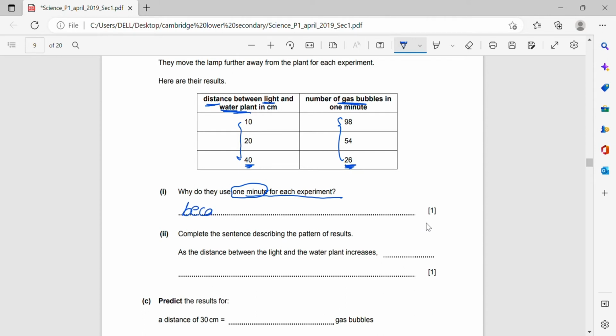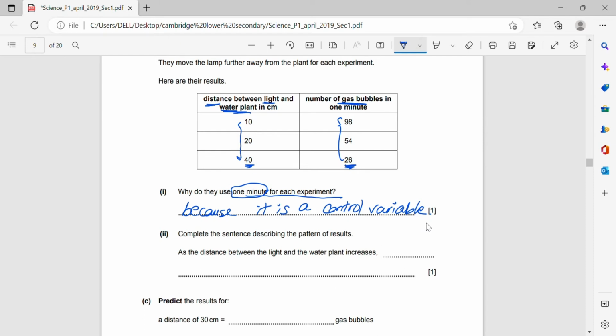Because it is a control variable. Control اللي هو ال constant اللي هو ال unchanged, to give more reliable results.